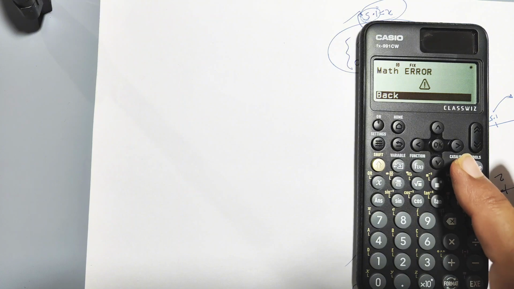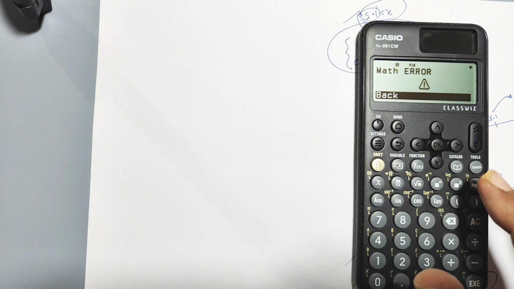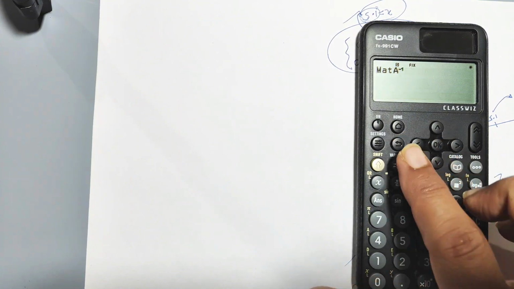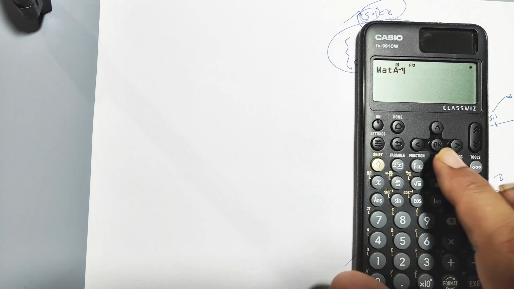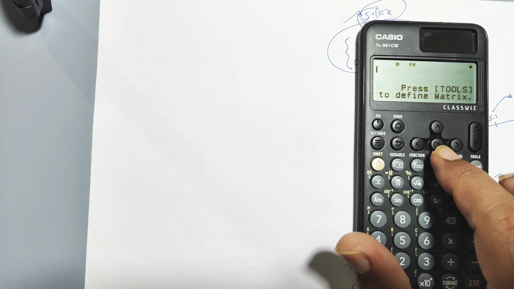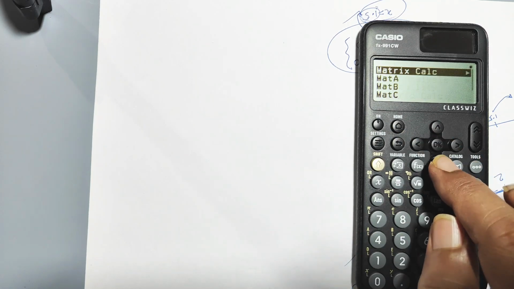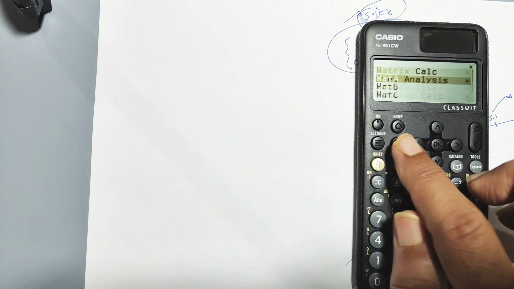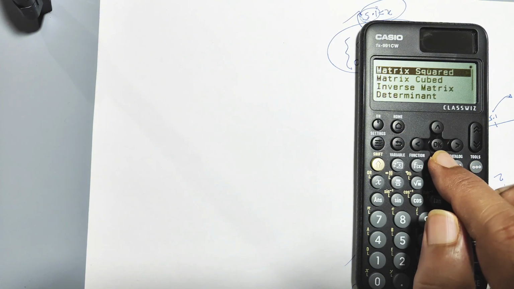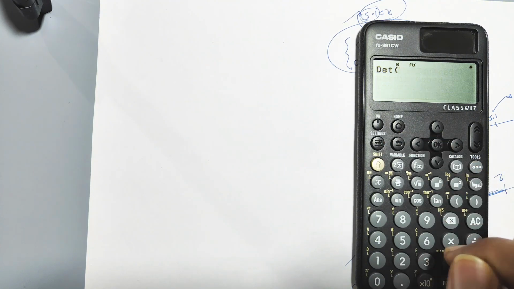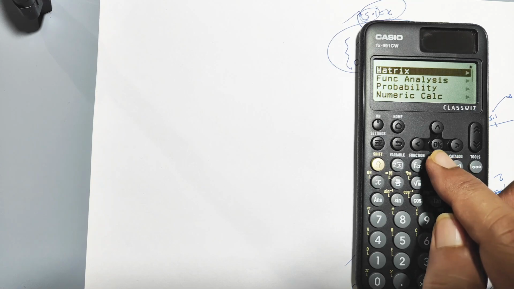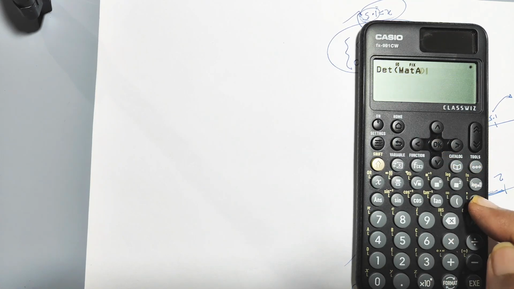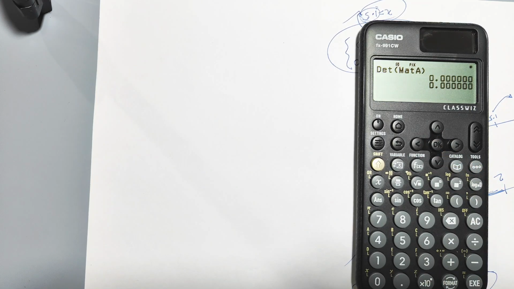Press execute. Math error. Why is it showing math error? Because the matrix that I have given here, if you enter into these calculations, you see the determinant of the matrix and select the matrix A, then what happens? What is the determinant? It is 0. Because the determinant of the matrix is 0, it cannot find the inverse of the matrix.